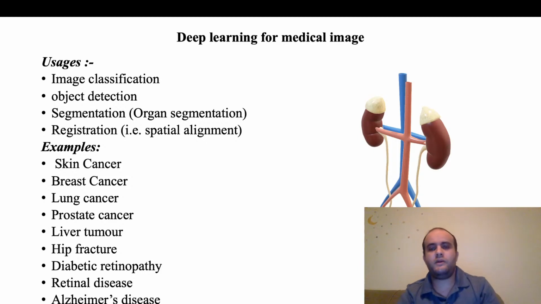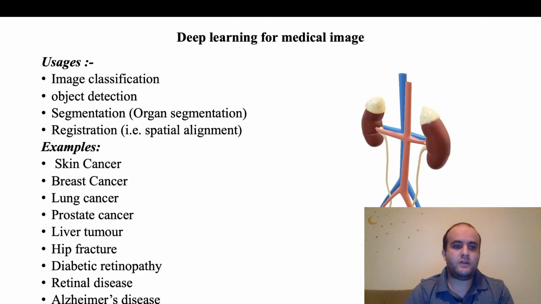So what are the applications of deep learning with image data? It can be applied for skin cancer, breast cancer, lung cancer, prostate cancer, liver tumor, hip fracture, diabetes. There are a lot of opportunities, and a rise of applications in different areas.